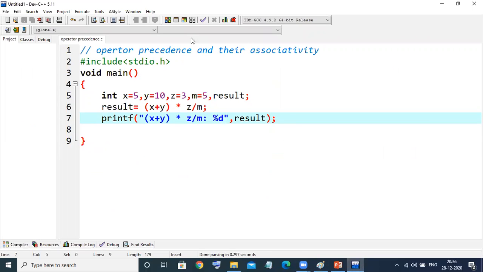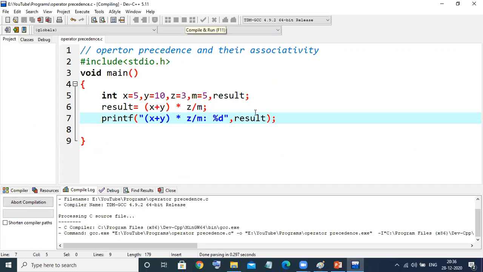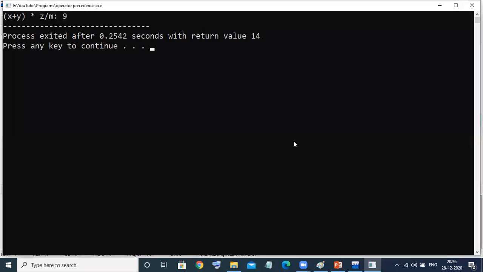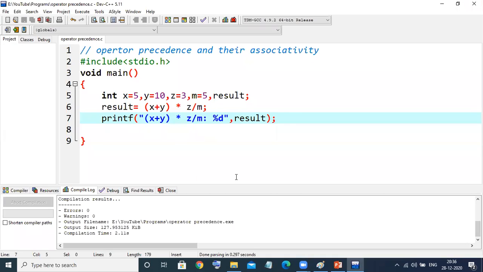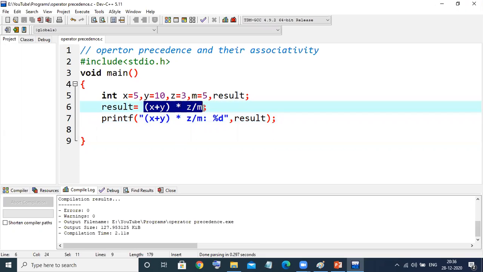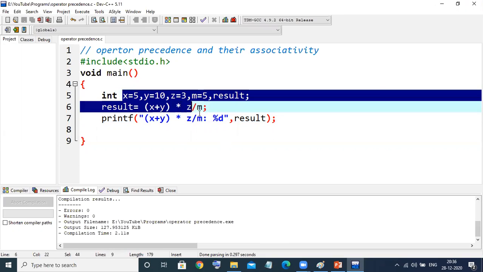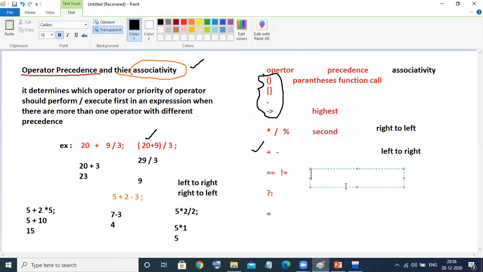I hope you have calculated the result, but still I'll execute and we'll print the result. And the result is 9. I hope you got the same answer while evaluating. If not, then I will explain how this result comes out. So what is the expression we have taken here? x plus y, control C. I'll copy the whole expression and paste it in Paint, control V. That's it.